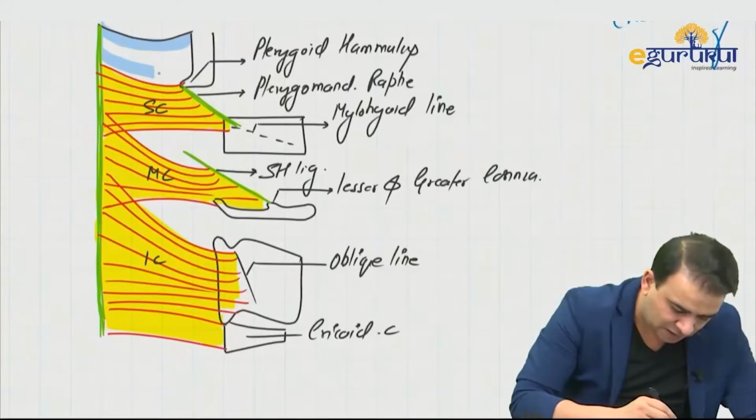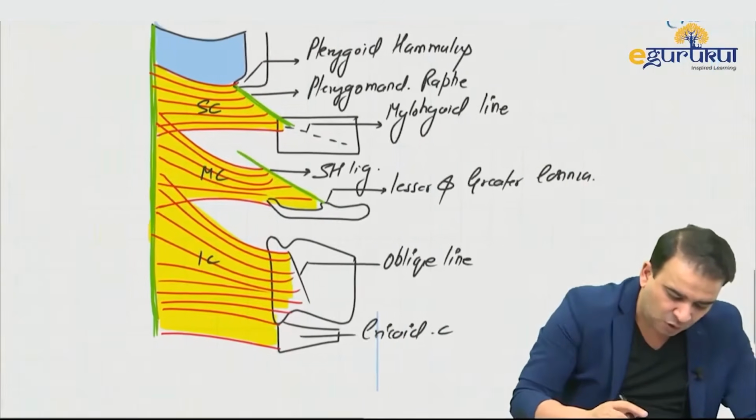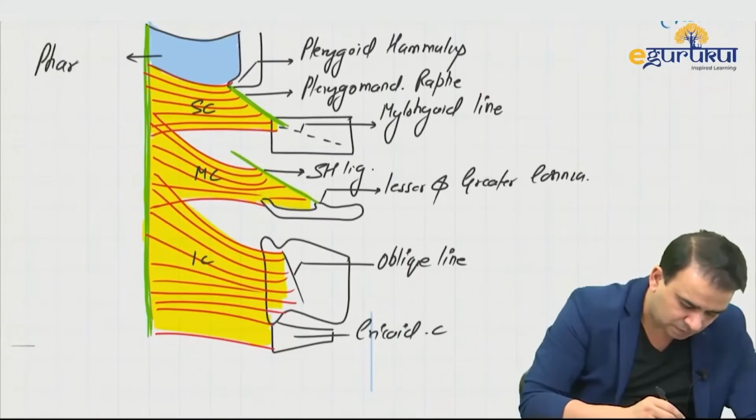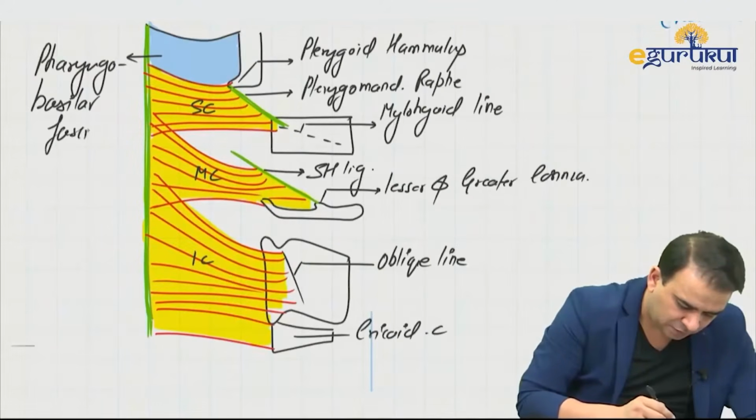Between the base of the skull and the superior constrictor, there is a space here, and this space is covered with fascia. The fascia is called the pharyngobasilar fascia.